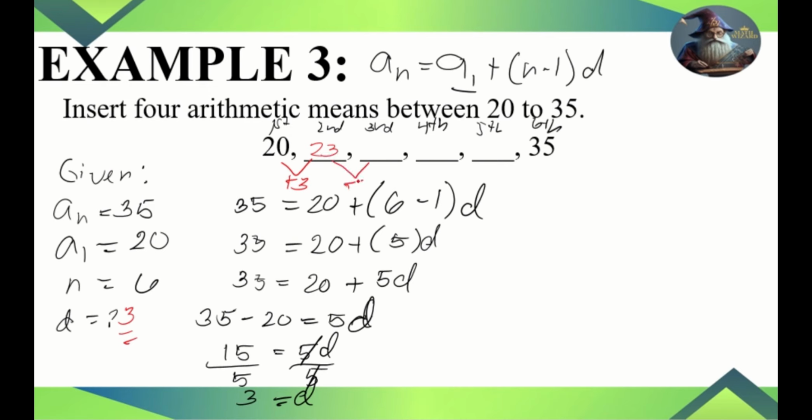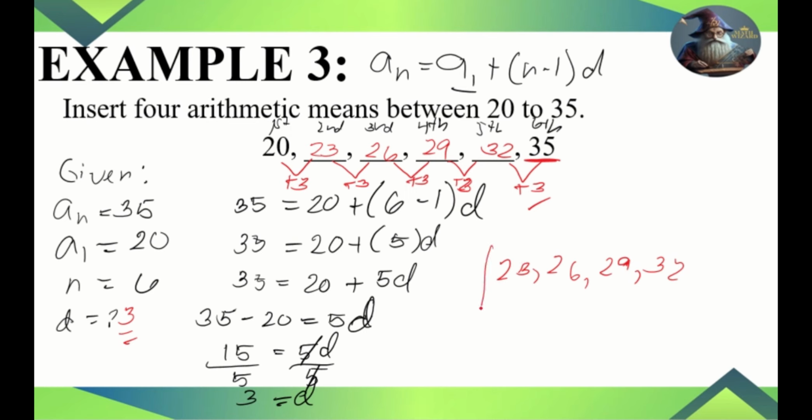So 23 plus 3, that is 26. 26 plus 3, that is 29. And 29 plus 3, that is 32. 32 plus 3, that is 35. Okay, nakuha natin yung 35. So, ibig sabihin, difference is correct. Therefore, the arithmetic means are 23, 26, 29, and 32. So this is the final answer.